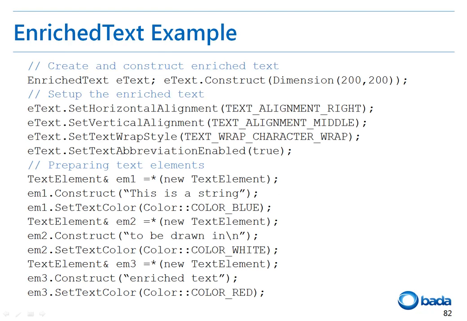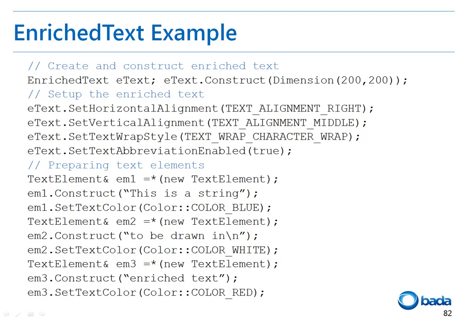Here's an example of enriched text. As you can see, to use enriched text, you have to create and construct an enriched text object. Then, I specified the horizontal alignment, vertical alignment, text wrap style, and text abbreviation enabled properties. After that, we have to add text elements to the enriched text.